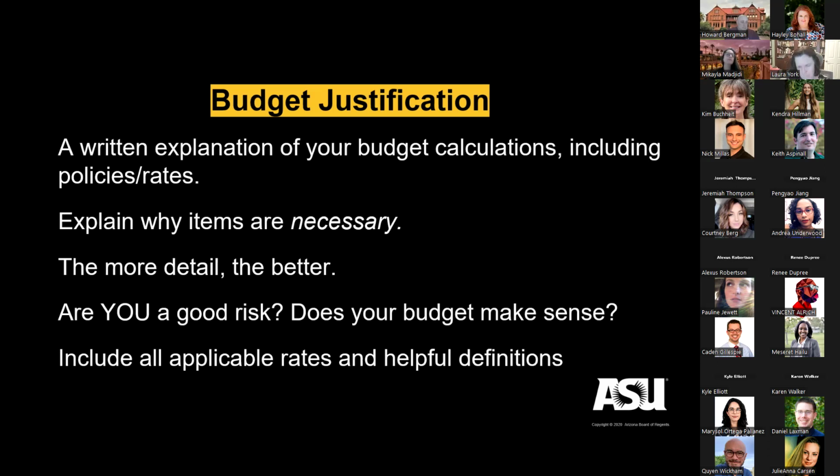Think of the funding agency as a bank. How would you demonstrate to them that you're a good risk? Are you asking for too much based on what you want to accomplish? Or are you asking for too little to actually do a good job? We've definitely had reviewers come back and say, I don't see where the personnel is coming from on this, who is doing this work, because there was so little budgeted for personnel salaries.